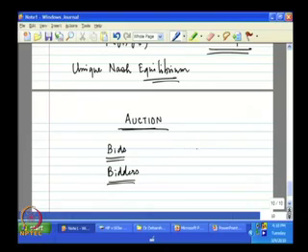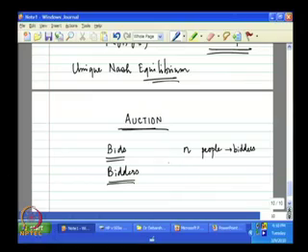Now, suppose there are n people or n bidders. Now, there are two sets of things to remember here. Each bidder will have some valuation for the object, and it is not necessary that the valuation of any particular bidder will be same as the valuation of any other bidder.